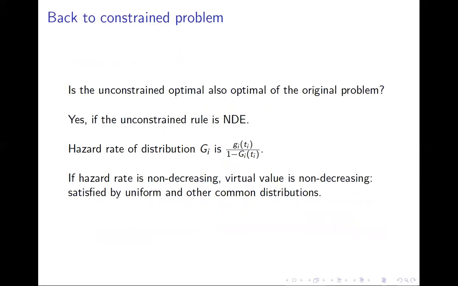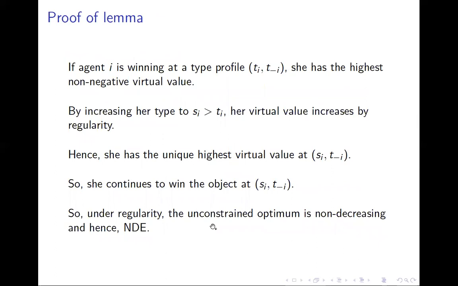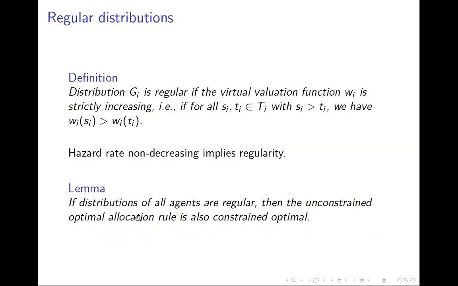The lemma basically says that if the distributions of all agents are regular, then the unconstrained optimal is also constrained optimal. So we need to show that if distributions of all agents are regular, then the optimal solution that we have identified satisfies non-decreasing in expectation.